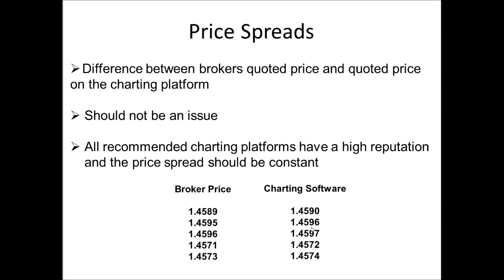If the broker price goes to 1.4595, the charting software should show 1.4596. If the broker price was then to go up by a pip to 1.4596, the charting software should show 1.4597, and then the same with 1.4571, 1.4572, 1.4573, 1.4574.